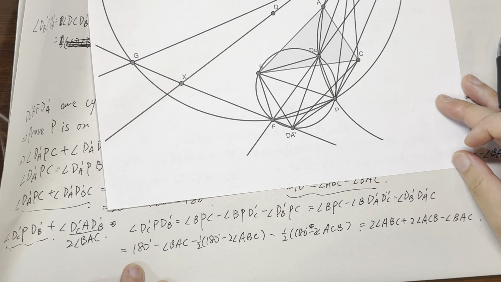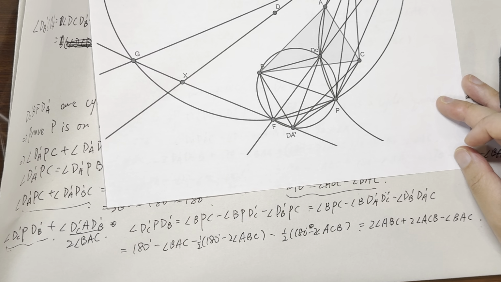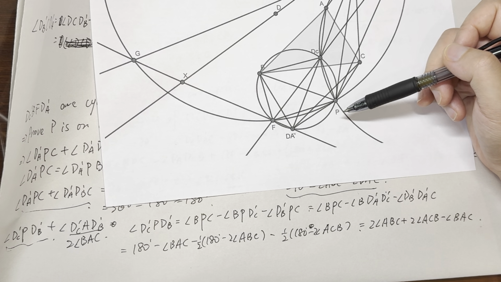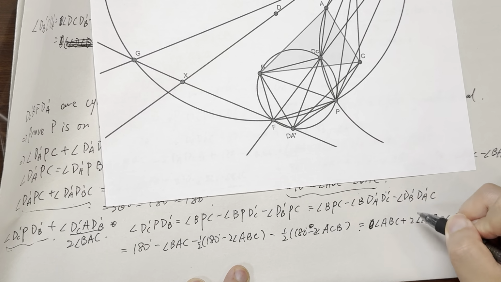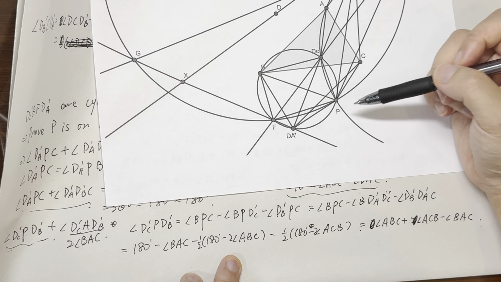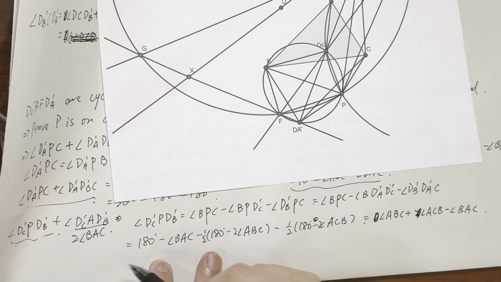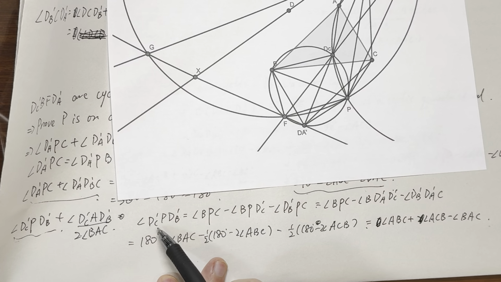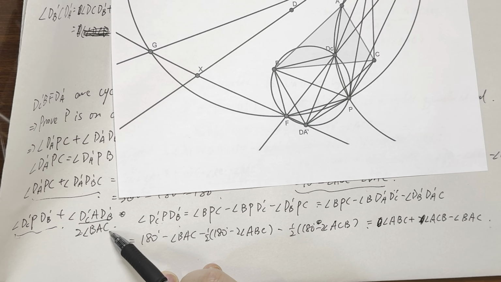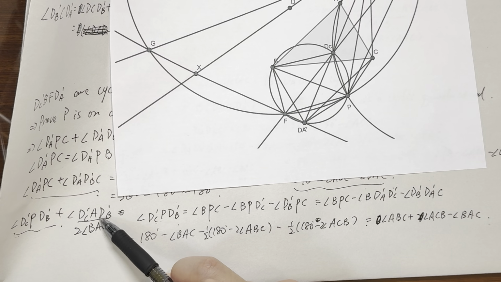And remember, we want to calculate the angle DC'P. Oh wait, this is just 1, right? There's a half in front, so just 1. And we want to calculate the summation of the angle DC'PDB' plus the angle DC'ADB', which is twice angle BAC.